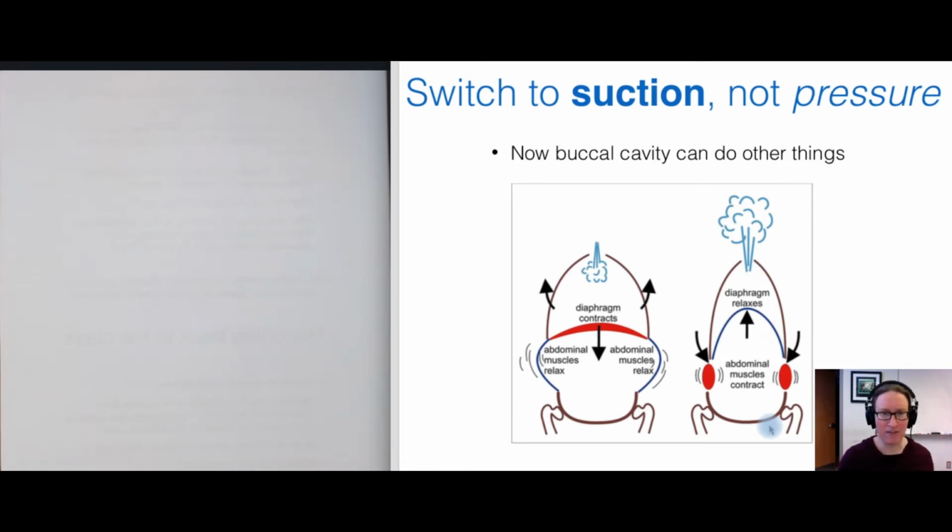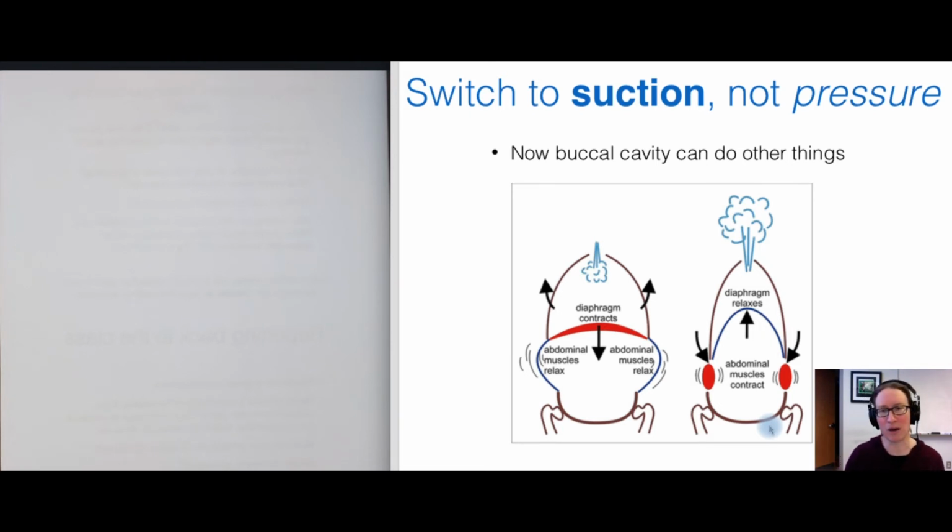One of the benefits of this switch over to suction is that if you're an animal that relies on generating pressure to push air into your lungs using your buccal compartment, that's going to limit other things you can do with that buccal compartment. If you switch over to using suction as your major breathing method instead, then the buccal cavity is now free to do other things.